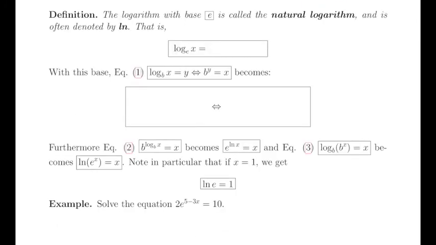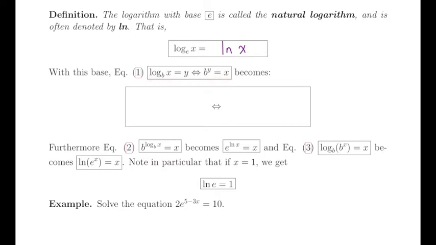Now, just like how we looked at the exponential function e to the x separately, we're going to do the same thing for logarithms. So logarithm base e is called the natural logarithm, and it even gets a special name. Instead of this here, we usually write it as ln x, and we read it as just ln x. Now remember these equivalent equations.